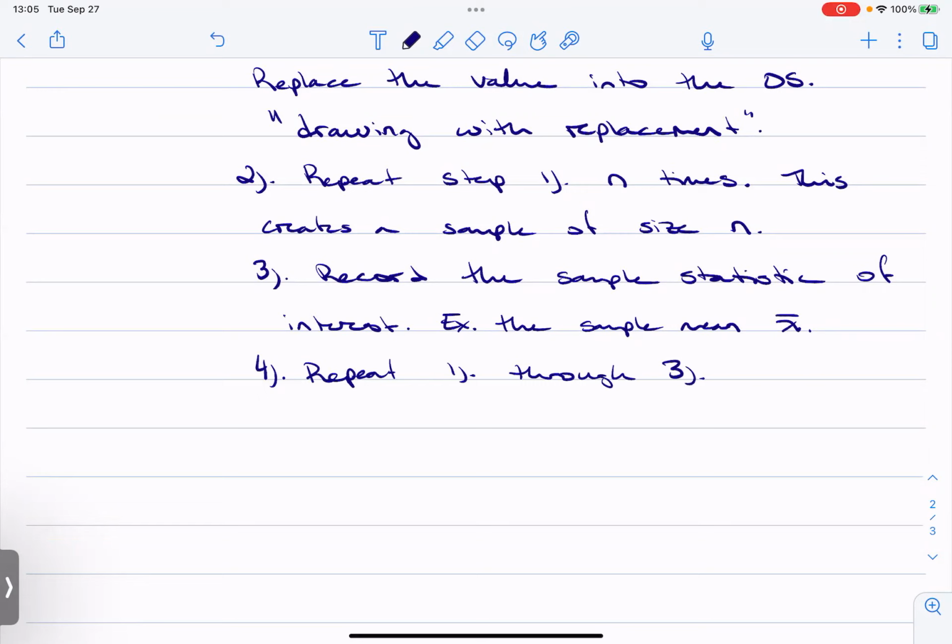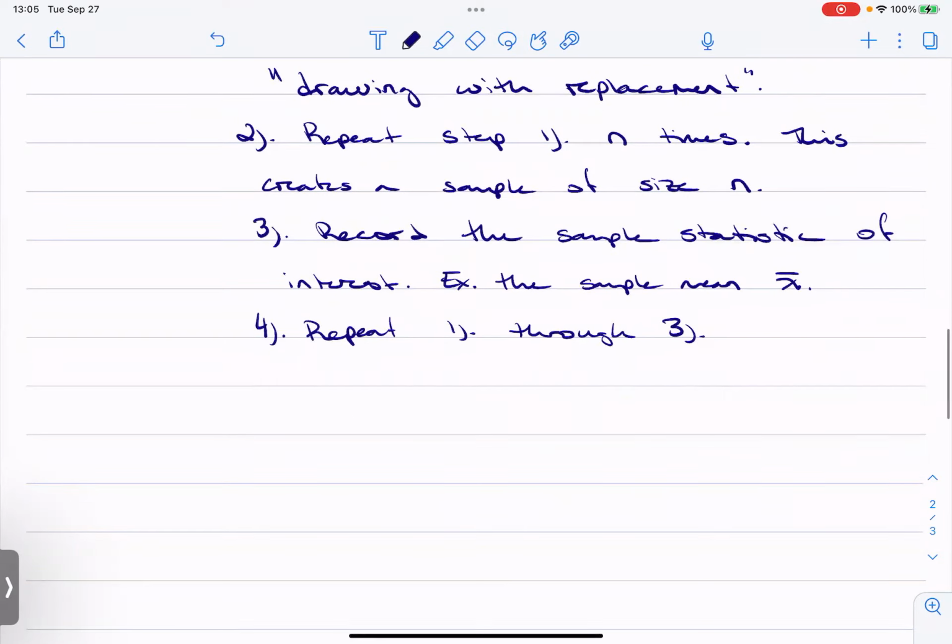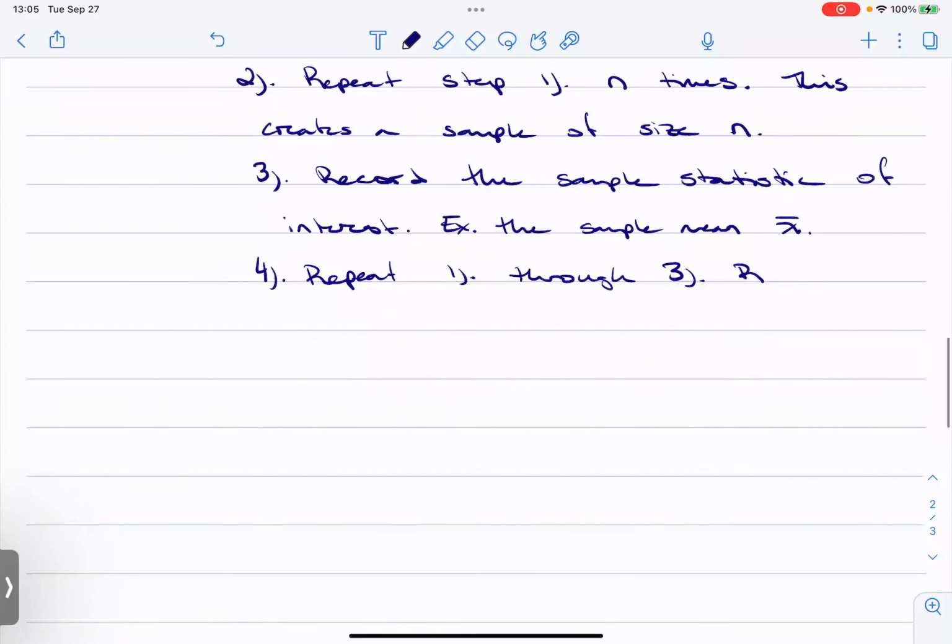capital R times. Ugh. It's all about the context, right? R is the programming language, but not in this case. It's also the correlation, but not in this case, right? So here it's just to denote R times.